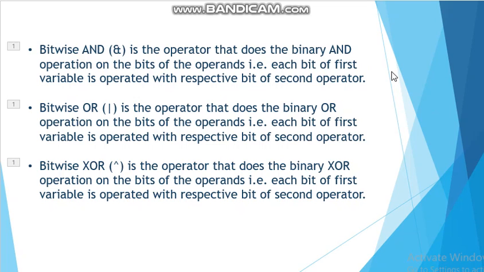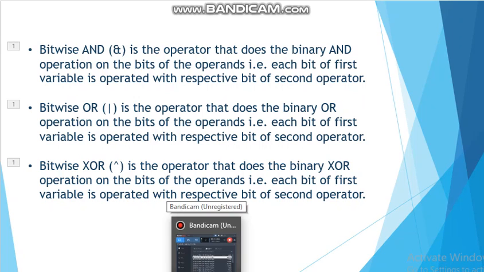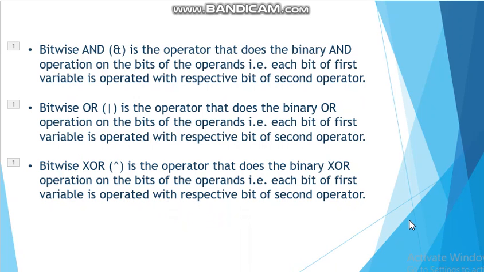The next one is bitwise XOR. Bitwise XOR is the operator that does the binary XOR operation on the bits of the operands. That is, each bit of the first variable is operated with the respective bit of the second operand.